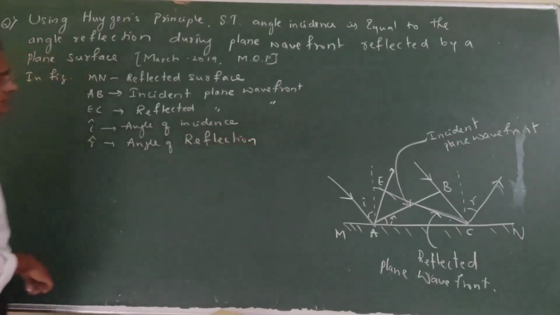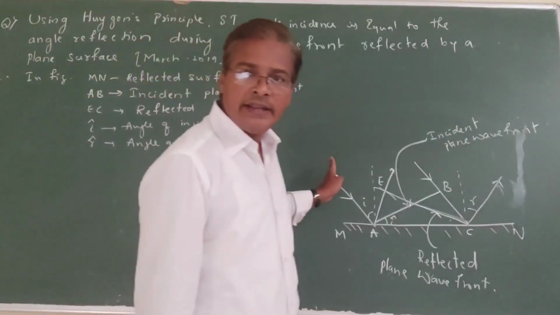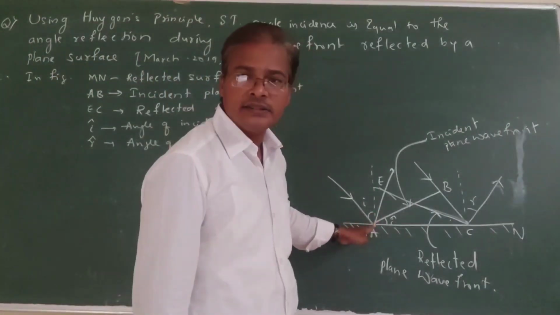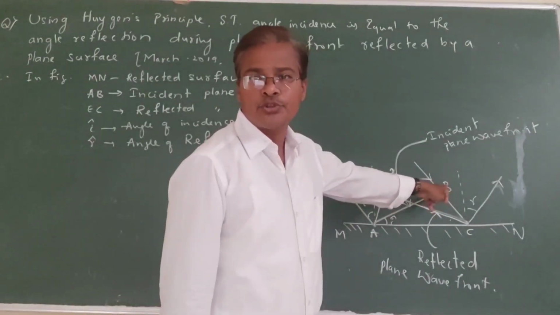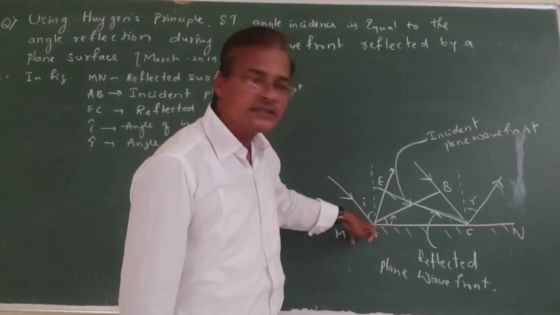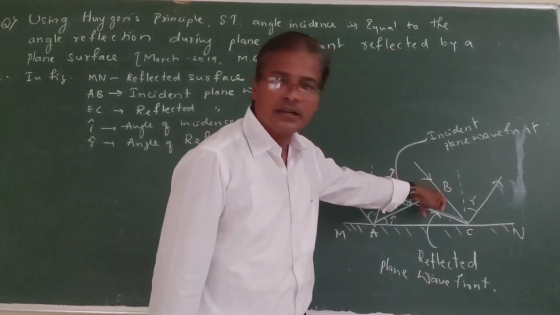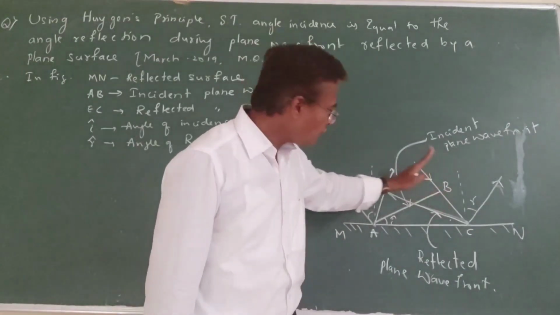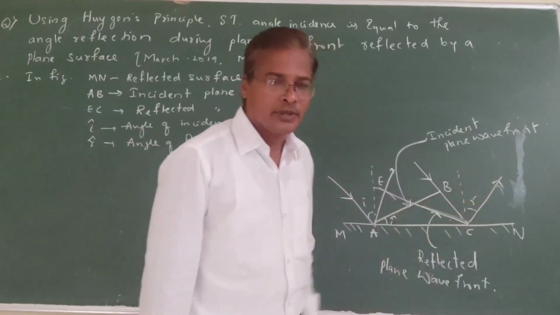Now see, when this ray is incident at this point, the other ray is at position B. When the incident wavefront touches the plane surface MN, it stops at B. Still it is in the medium, it has not touched the C position.